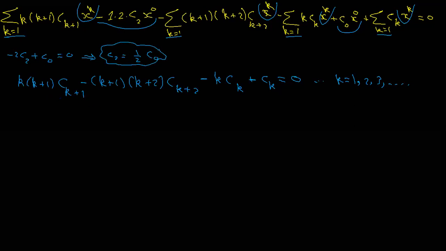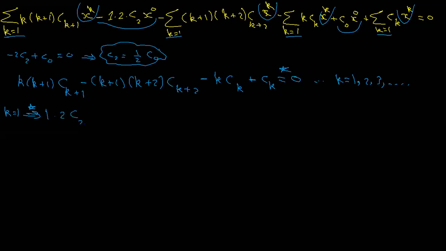To find the value of the other constants, let us give our k some numbers. Let me call this equation star. Let us plug in k equal 1. It will be 1 times 2, C of 1 plus 1, which is C2, minus 2 times 3, C3, minus 1 times C1 plus C1 equals 0.